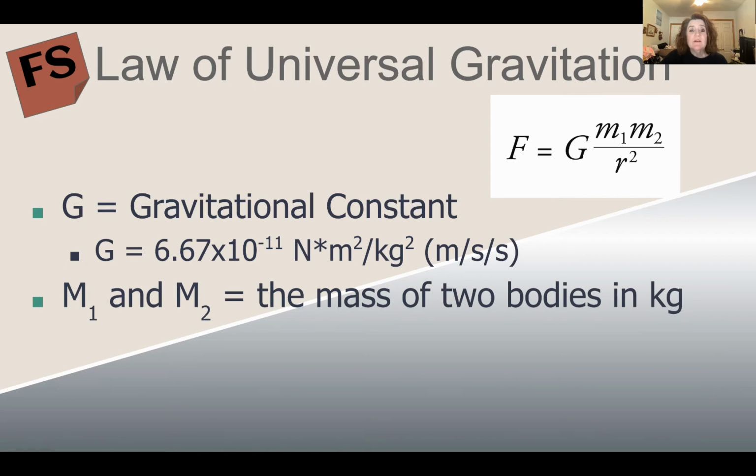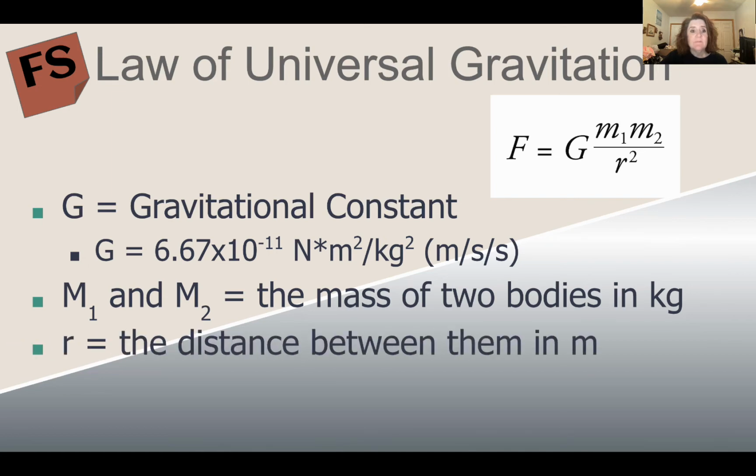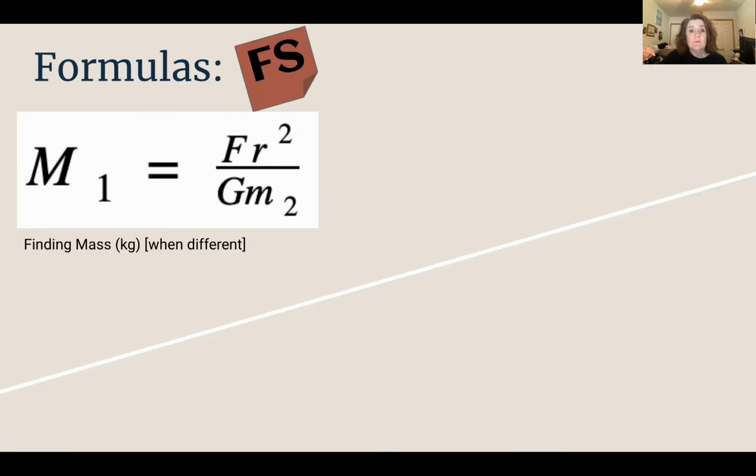Masses m1 and m2 are the masses of both bodies in kilograms, and r is the radius or the distance between them in meters. F then would be the force measured in newtons.